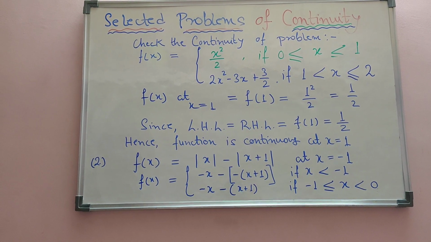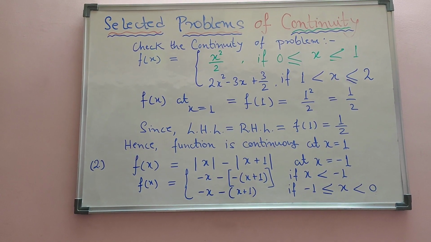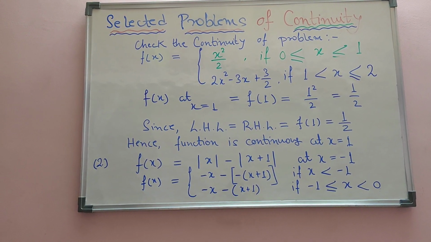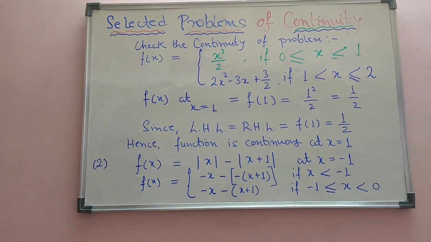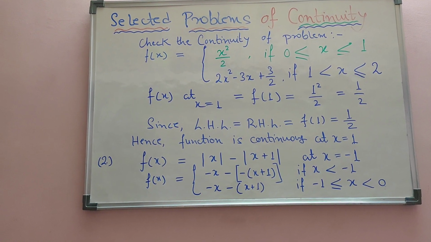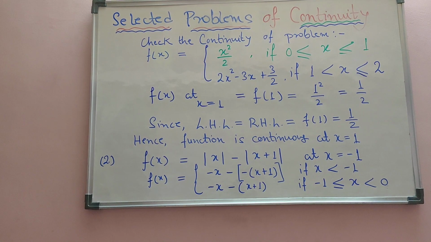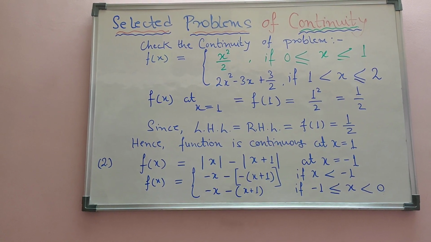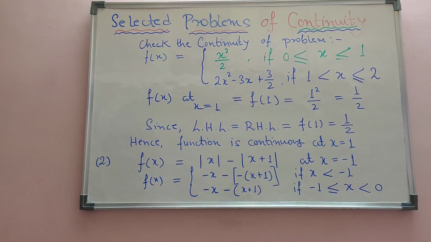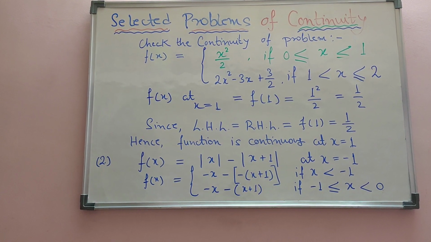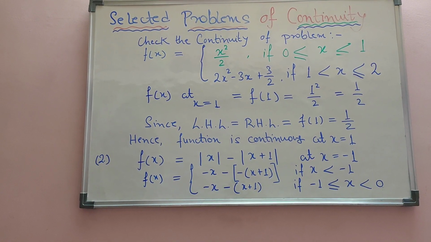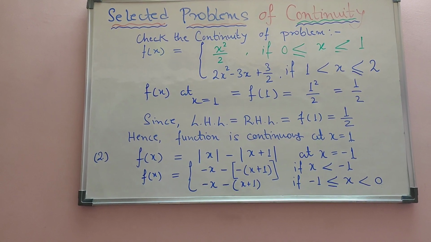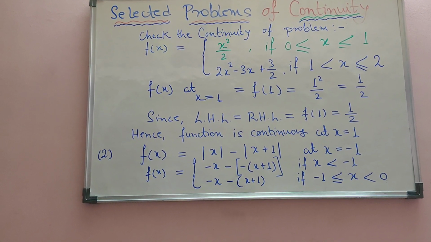Now the second case is, if minus 1 is less than or equal to x, but x is less than 0, it means x is still negative, but in this case we are taking the second interval, that x is greater than or equal to minus 1 but less than 0.